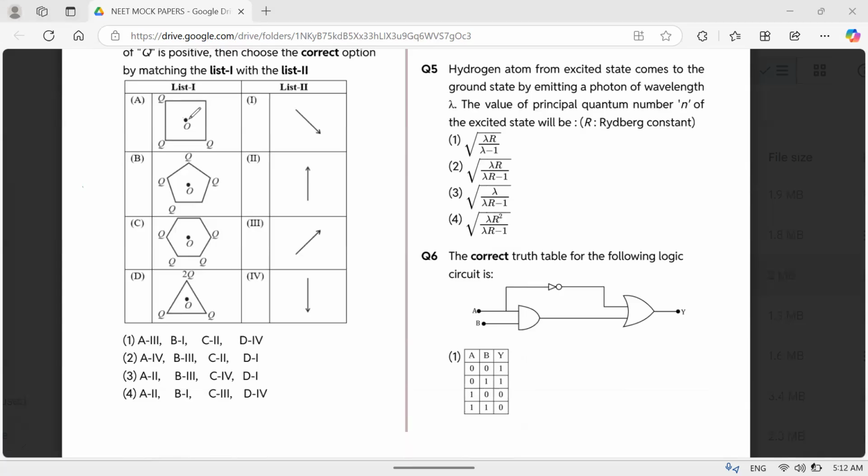At point O, assume a unit charge, like 1. Q will exert a force on this one. In which direction? Radially outward. There will be one force here on this one. This will exert one force on this one. This will exert one force on this one.